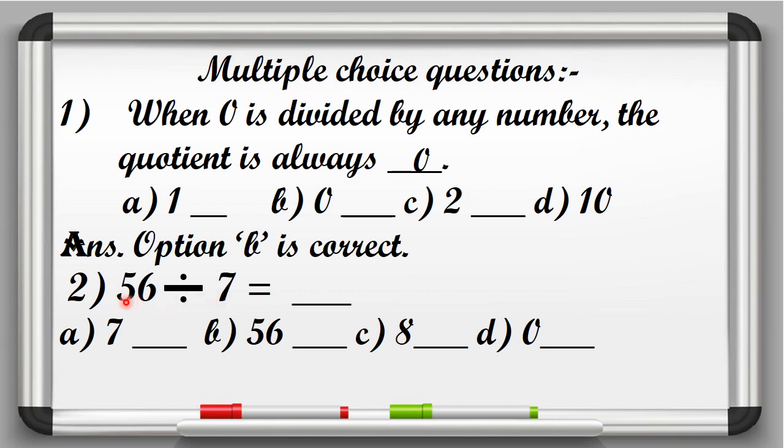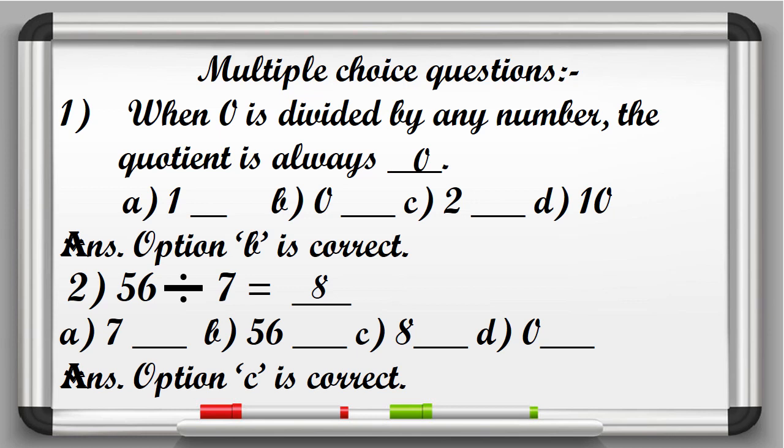So let's start. 7 1s are 7, 7 2s are 14, 7 3s are 21, 7 4s are 28, 7 5s are 35, 7 6s are 42, 7 7s are 49, 7 8s are 56. So at number 8 it comes 56. So here 8 is the correct answer. Okay, so we will write option C, 8 is correct.